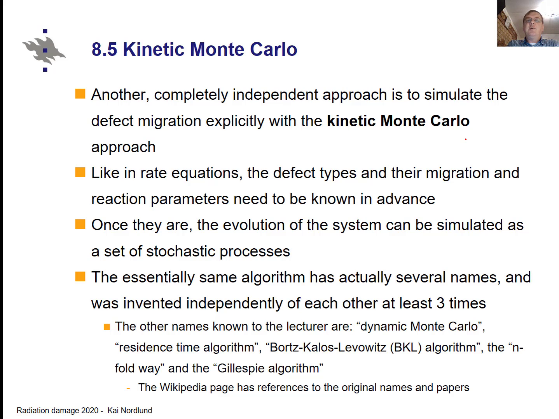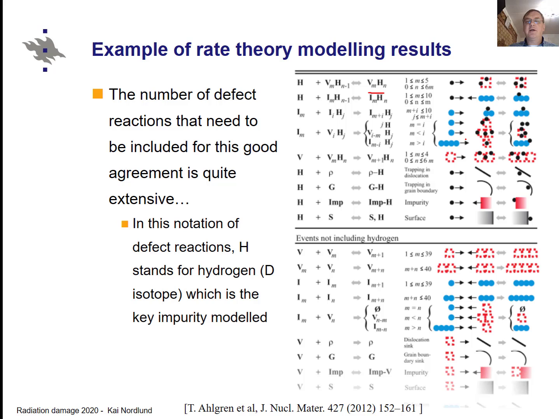Another approach to simulate defect migration is with the kinetic Monte Carlo approach. And the inputs to kinetic Monte Carlo, these defect reactions, can actually be the same as in rate theory. So looking at this graph, all of this data can also be used to set up a kinetic Monte Carlo model for physically the same process, but then the evolution is followed in a very different manner.